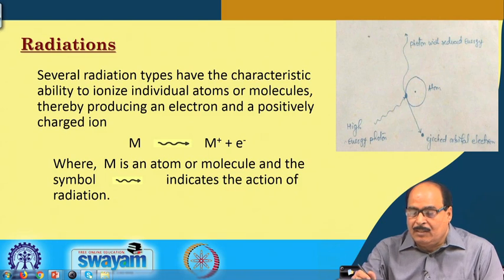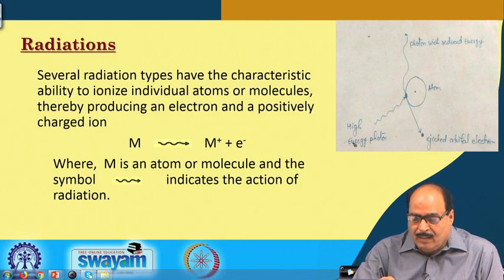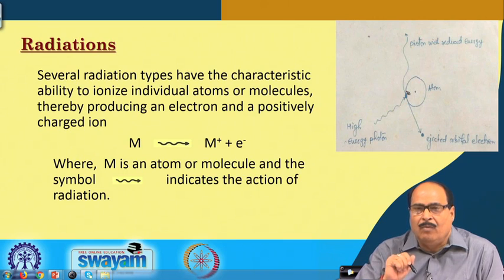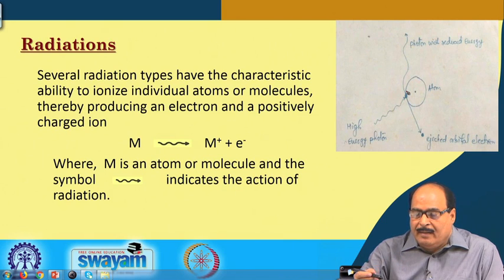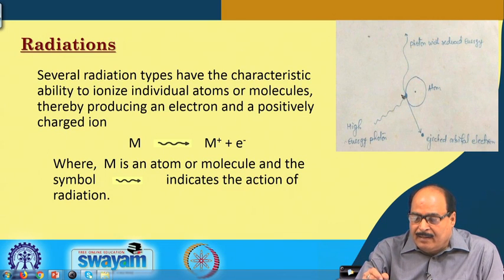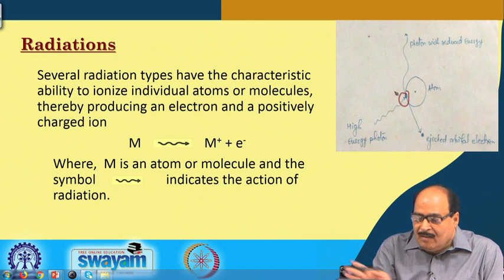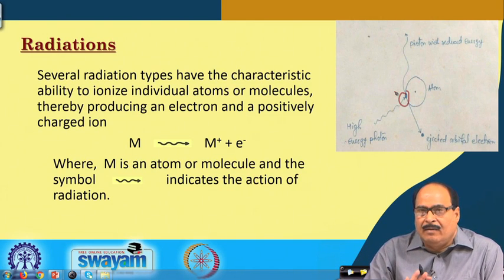As you can see in this figure, one high energy photon is bombarding this atom, and an electron receives the energy and gets ejected from the orbital.